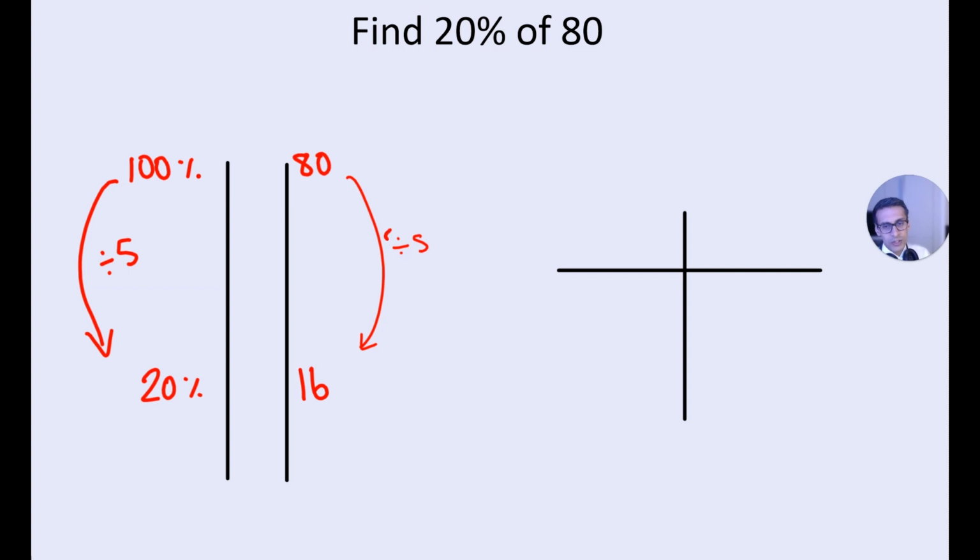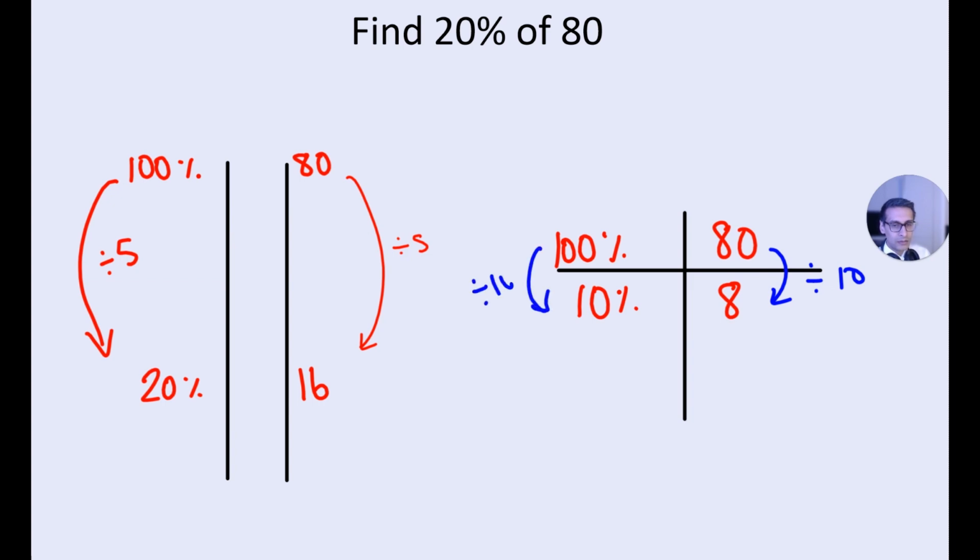Now if you didn't want to do 80 divided by 5, we might actually do this a slightly different way here. So let's use the table to do this. So 100% is 80. I'm going to now work out 10%. So 10%, I'm going to do 80 divided by 10 is 8. So we can show what we're doing by using arrows here. So divide by 10, divide by 10.